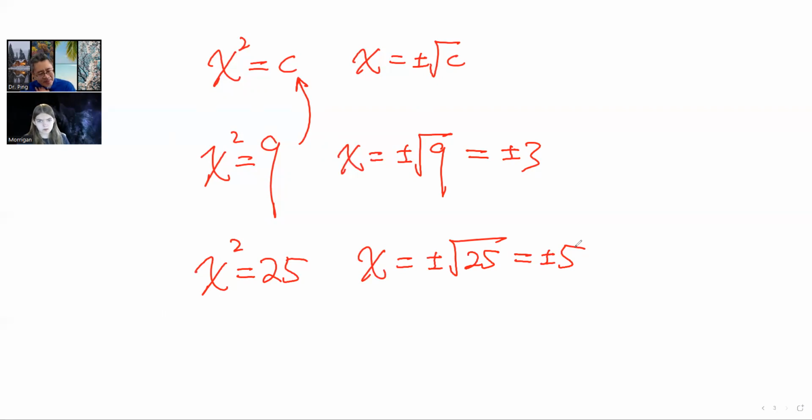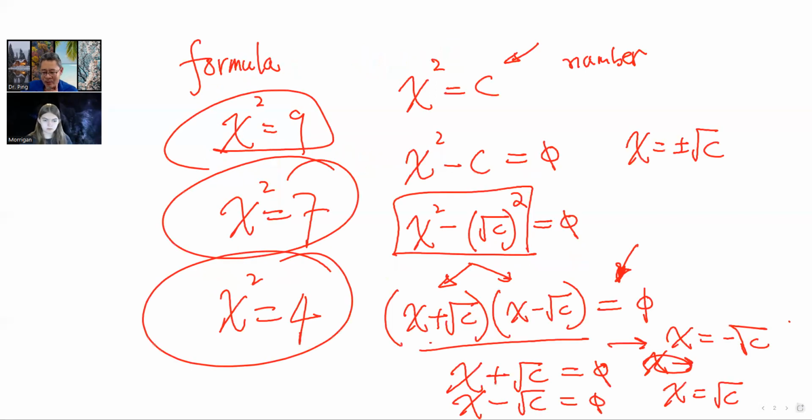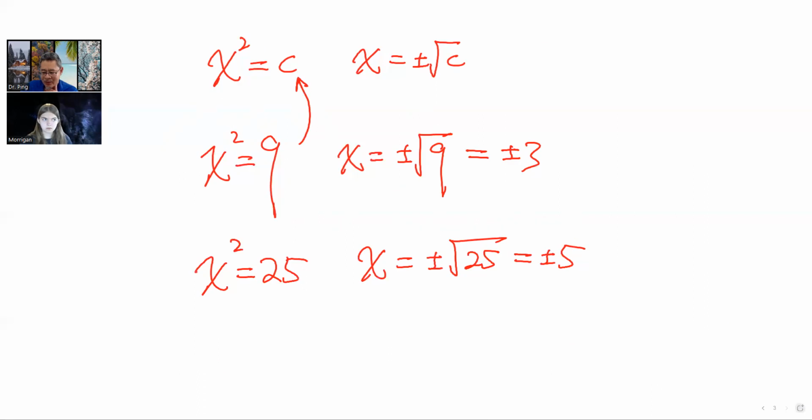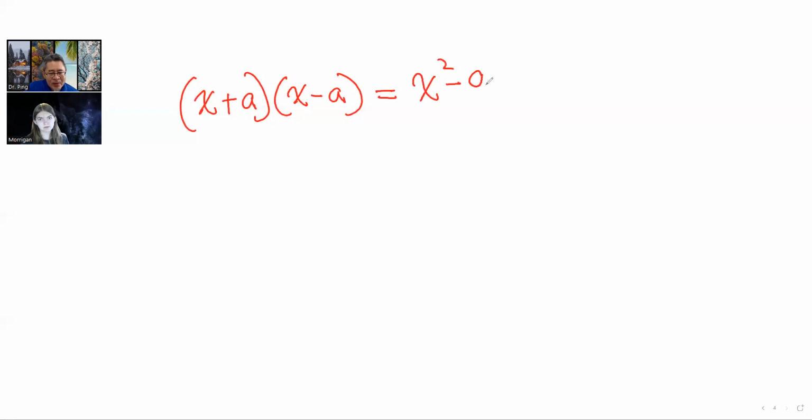Good? Okay. So to derive this, there are two things we need to know, two properties we're using. One is something like this: x plus a times x minus a will give us x squared minus a squared.